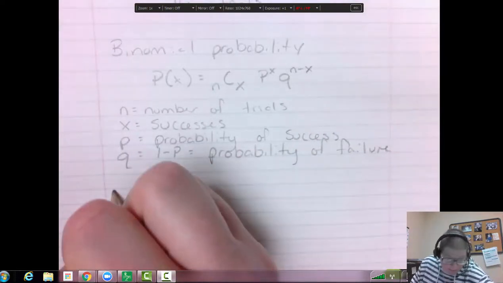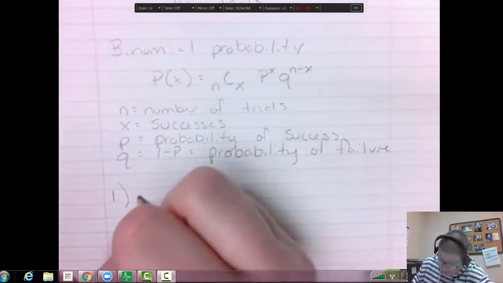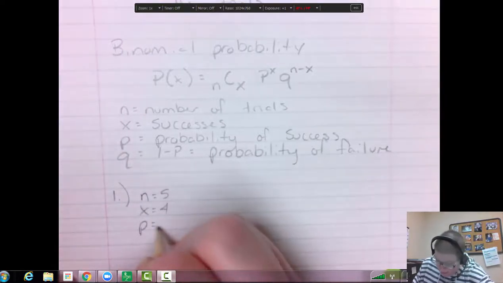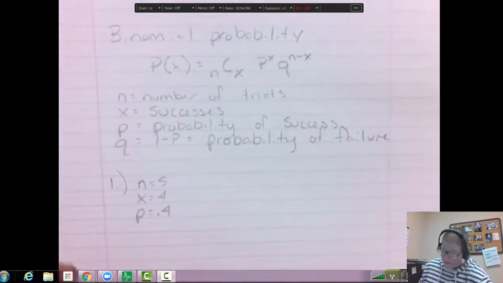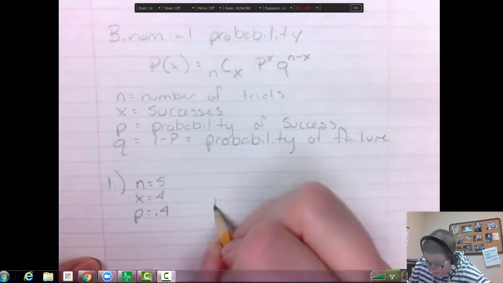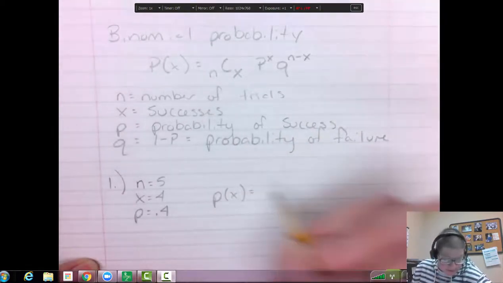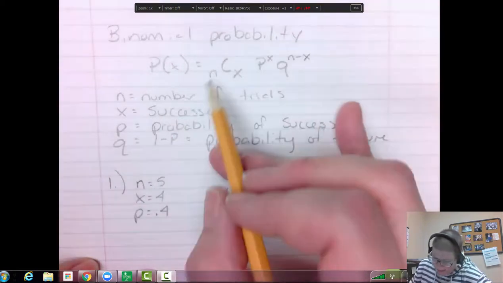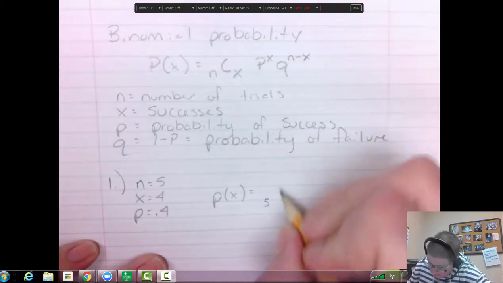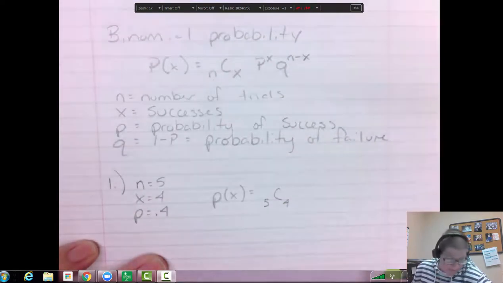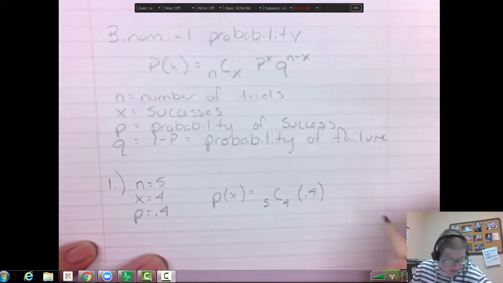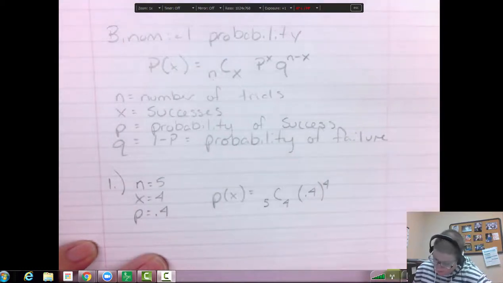So my first example would be, what if I just flat out tell you n is 5, x is 4, p is 0.4, and I say, what's the probability given those numbers? Well, we would say the probability of x is equal to n choose x, so 5 choose 4. And then 0.4 is our probability to the power of x, which is 4.